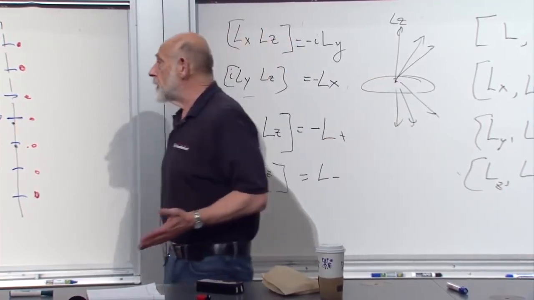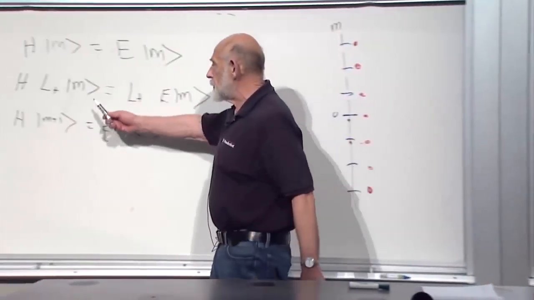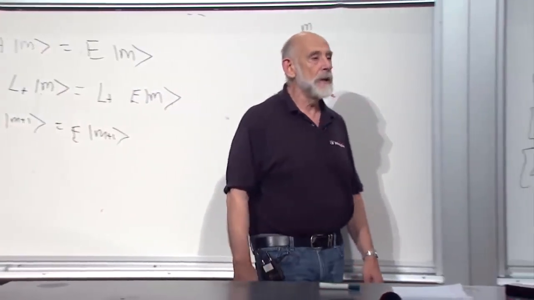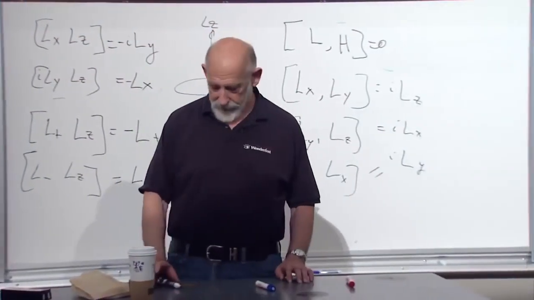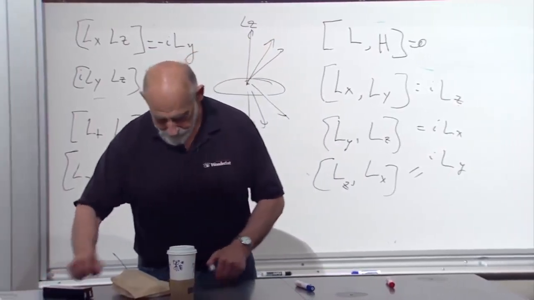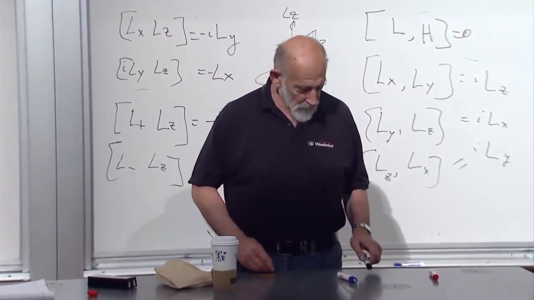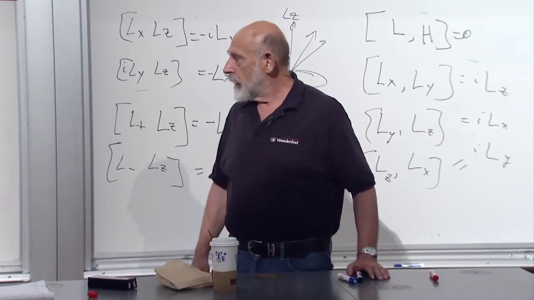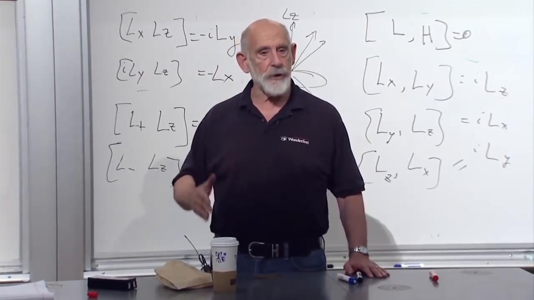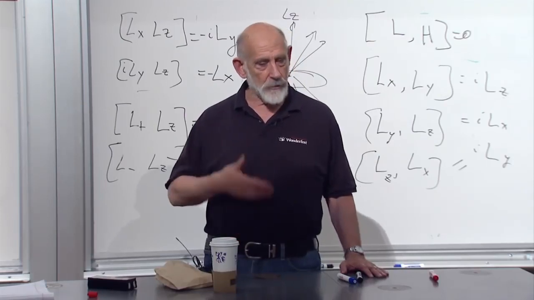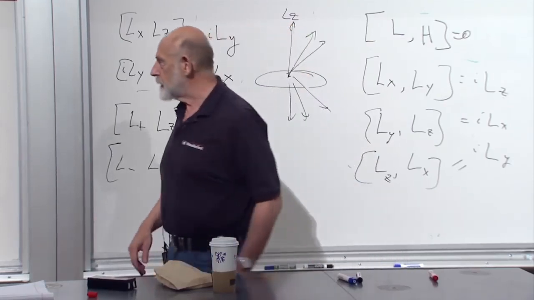Now, it's convenient to use these particular combinations, L plus and L minus, just because Dirac figured out how to do it this way. This is the trick of using raising and lowering operators, and this occurs all the time in quantum mechanics.